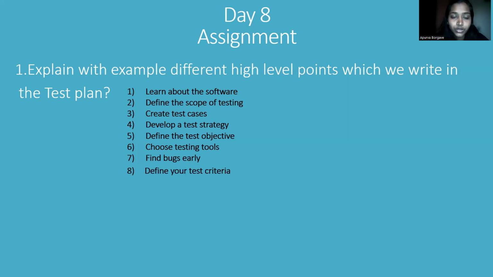So you are going to define your test criteria. There are two types of test criteria: one is the suspension and another is the exit. So what is suspension criteria? Suspension criteria are criteria that, when met, testing can stop.